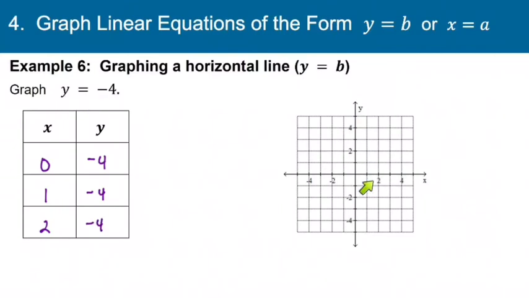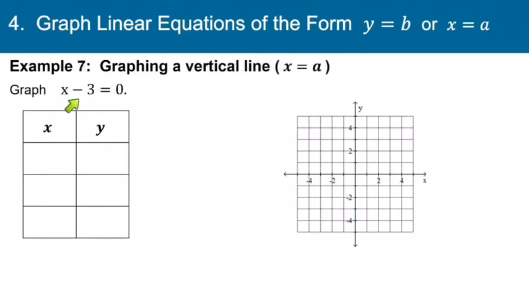If you come over here and plot those 3 points, 0, negative 4 would be here, 1, negative 4 would be here, and you can see that those points are forming a horizontal line. So this line represents all the points whose y-coordinate is, guess what, negative 4.